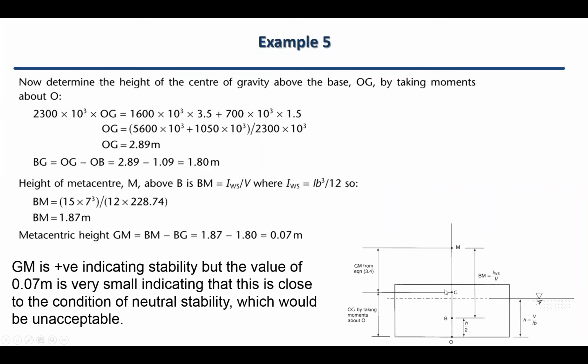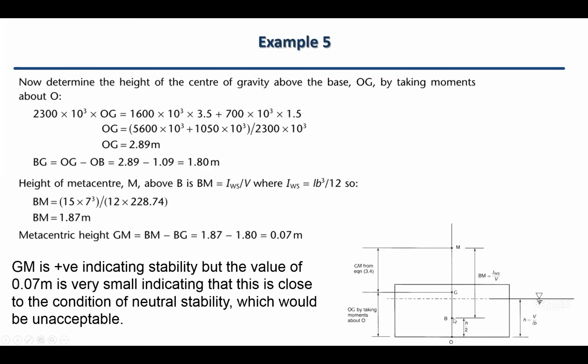Then OG minus OB, which we calculated before, 1.09, gives BG, which can be easily calculated as 1.8 meters.